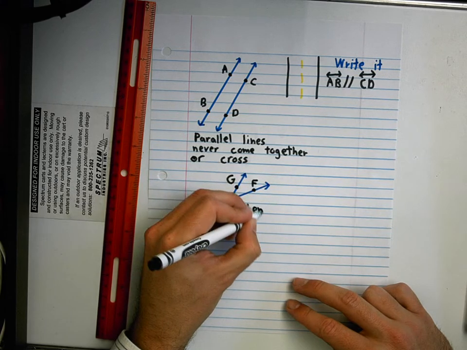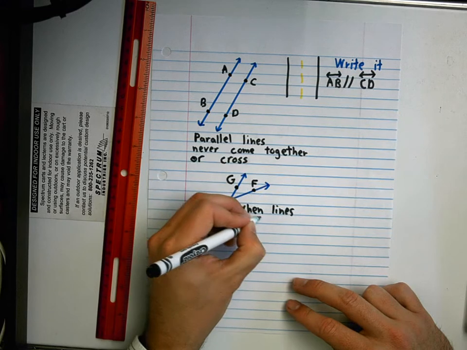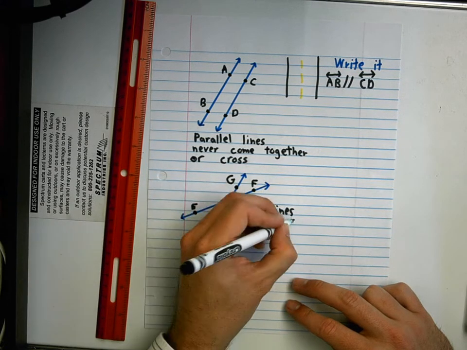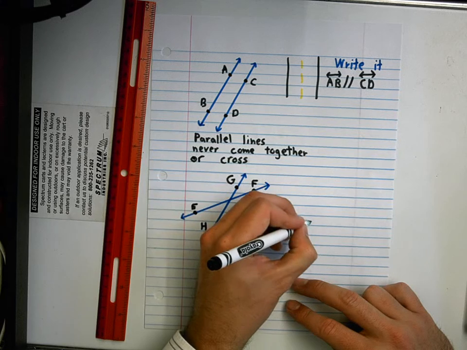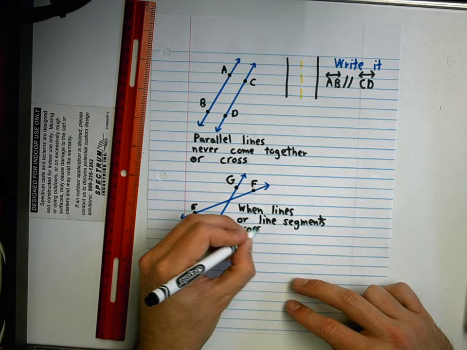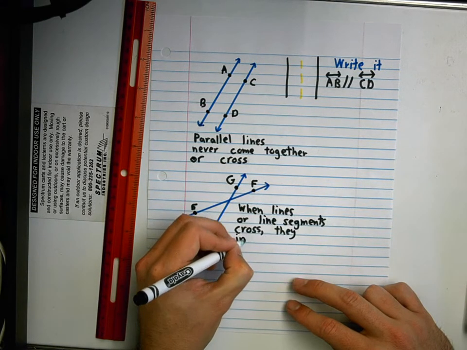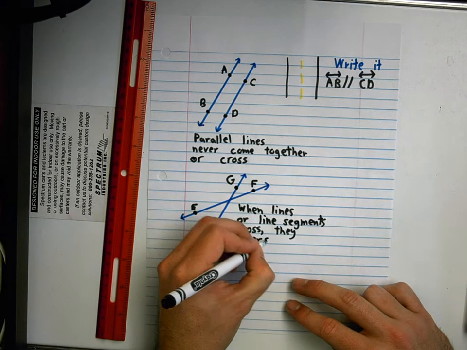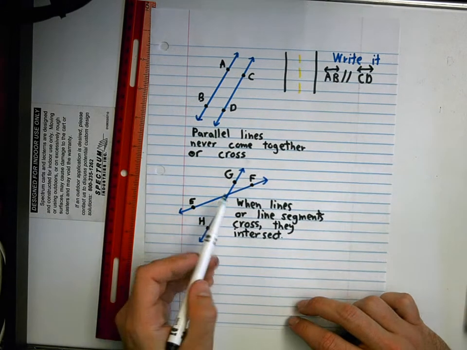When lines or line segments cross, they intersect. Okay? This is the point of intersection.